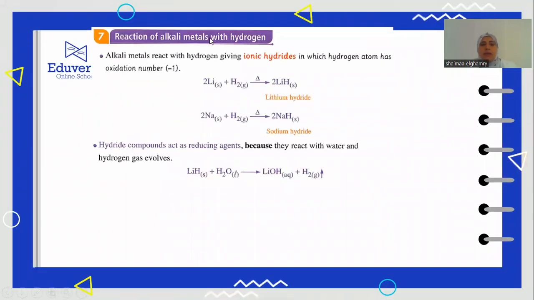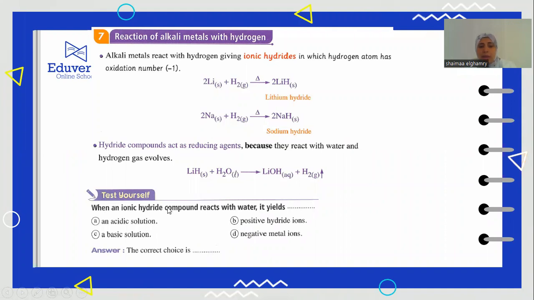The action of alkali metals with hydrogen. When alkali metals react with hydrogen, they form ionic hydrides. These hydrides act as a reducing agent because when they react with water, they give lithium hydroxide and hydrogen gas evolves.